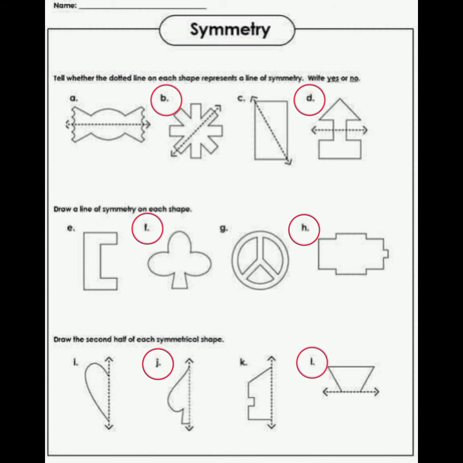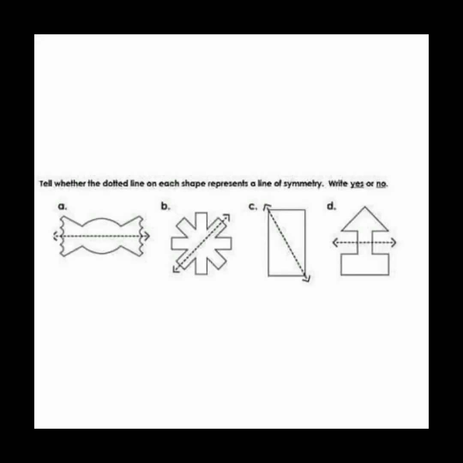Okay, so let's go ahead and get started on this activity by doing letters B and D in the first part of the assignment. Looking at letters B and D, the directions say, tell whether the dotted line on each shape represents a line of symmetry, yes or no. So for letter B, we're just looking at the line that's going down the center of it.